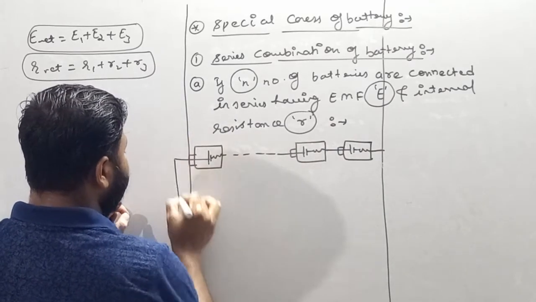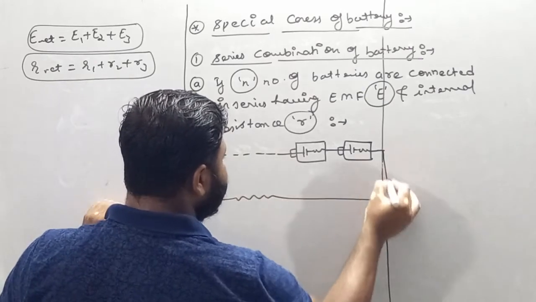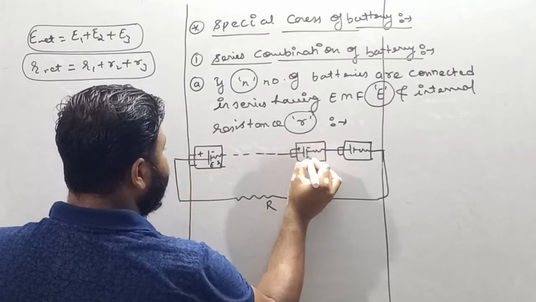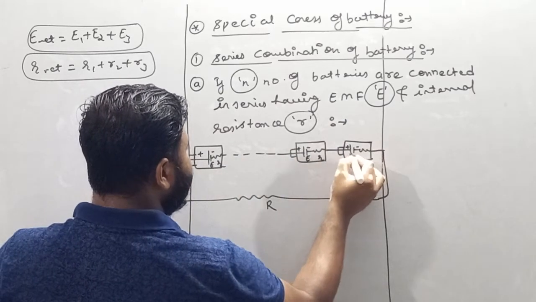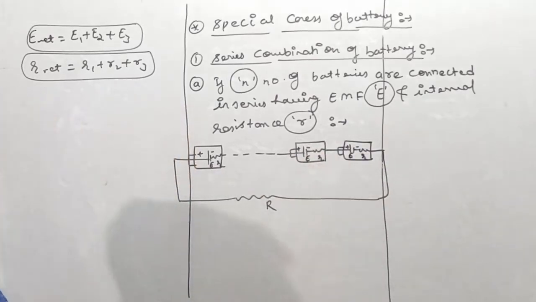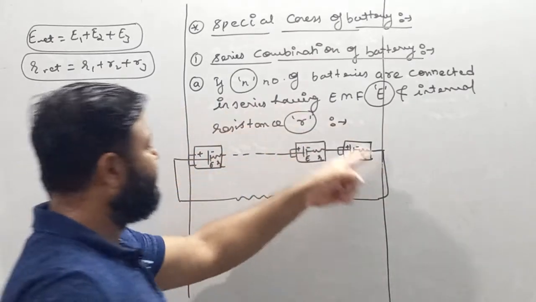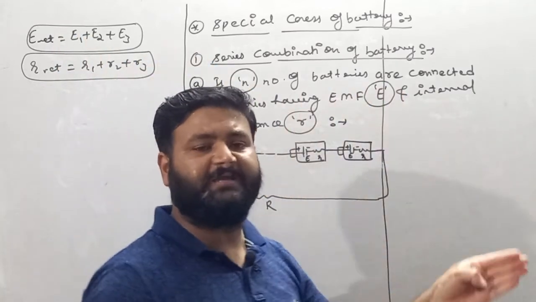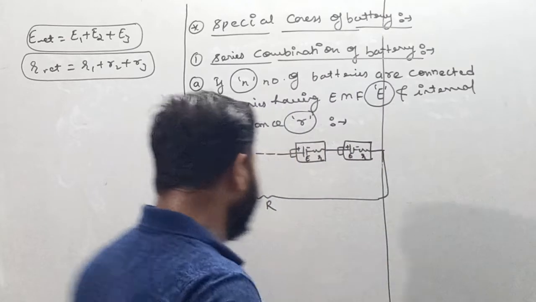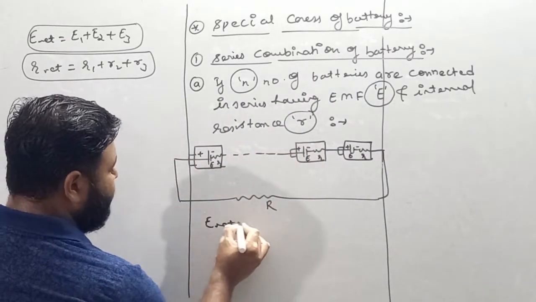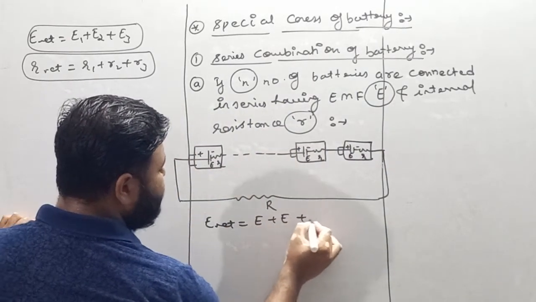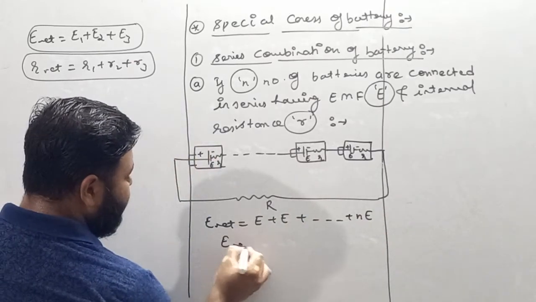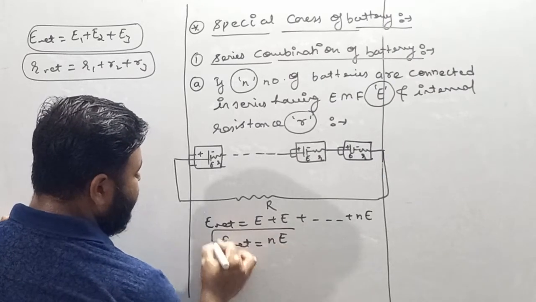We have n number of batteries connected with an external resistor. All the batteries carry the same EMF E and the same internal resistance R. Net EMF in series combination is E1 plus E2 plus E3 up to En, so E net equals E plus E plus E up to n times, which is nE.